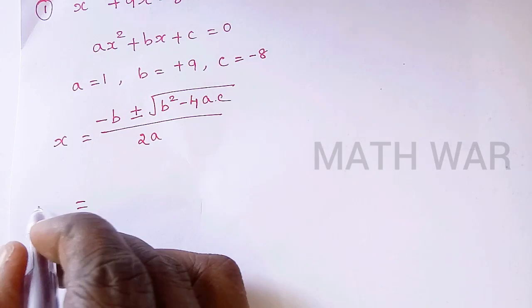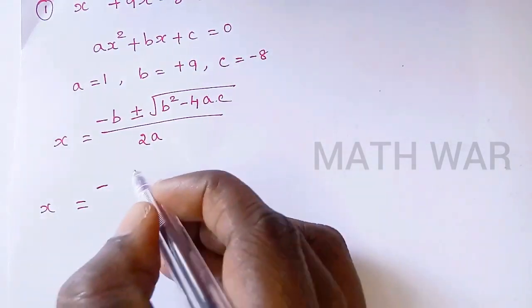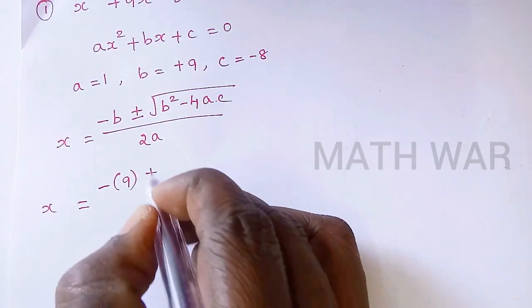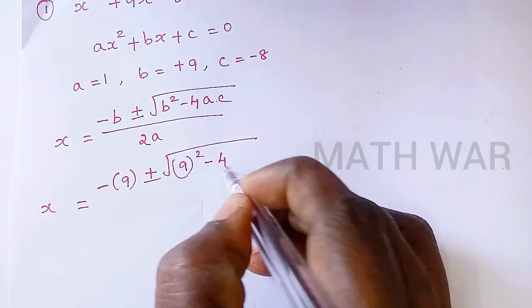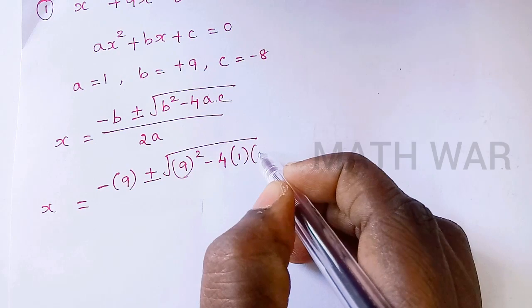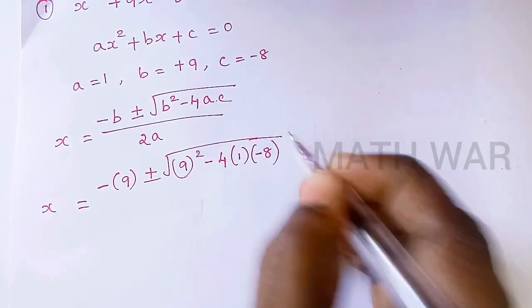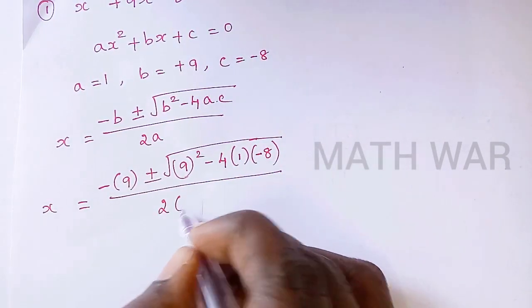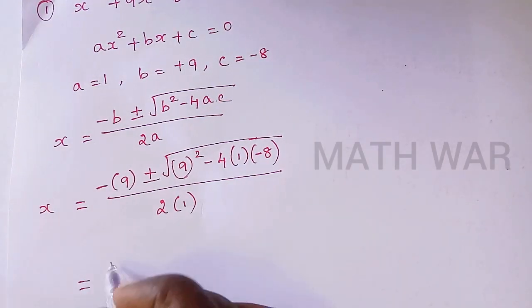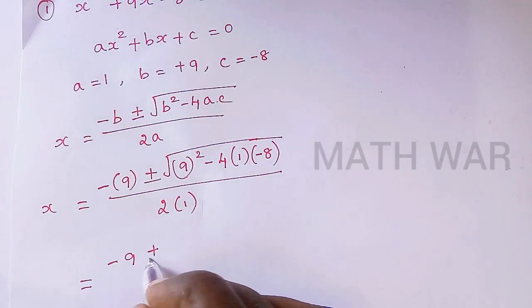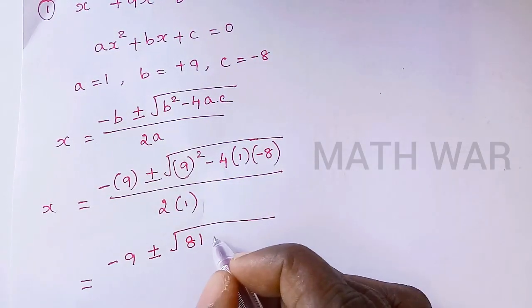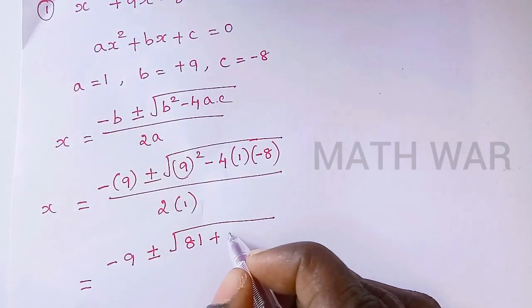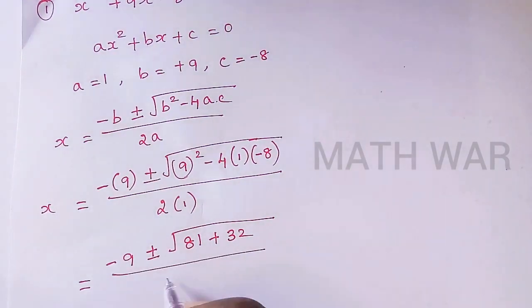So x is equal to minus of b, which is 9, plus or minus square root of b square, that is 9 square, minus 4 into a which is 1, into c which is minus 8, divided by 2 into a value 1. That is equal to minus 9 plus or minus square root of 9 square is 81, minus into minus is plus, 8 fours are 32, divided by 2.